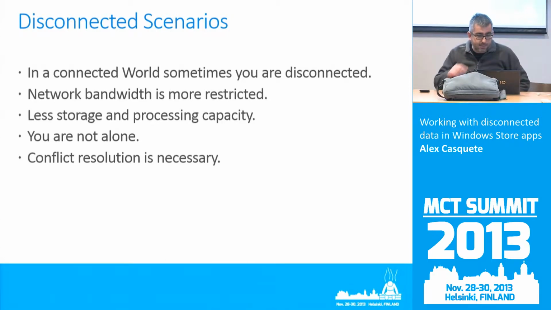Besides, when working in disconnected applications, we need to consider other aspects. The first is that mobile devices and phones have less storage or processing capacity than a desktop or notebook computer, and we need to use the local storage properly. We can't store a complete database locally.